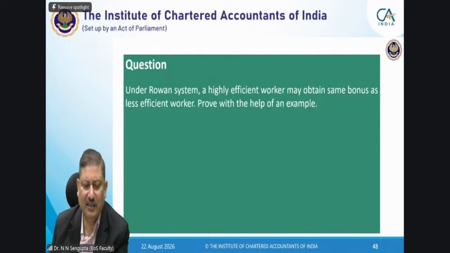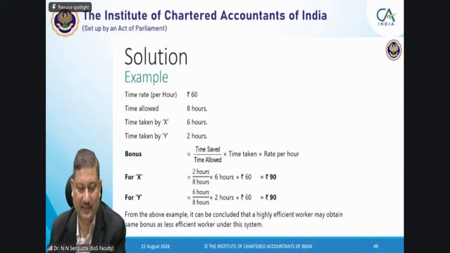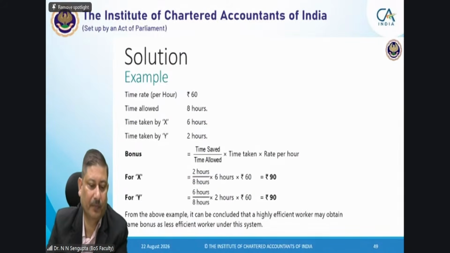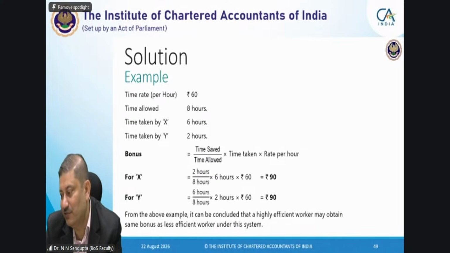Another question asked sometimes is that under the Rowan system, a highly efficient worker may obtain the same bonus as a less efficient worker. Prove with the help of an example. So the time rate, if we take as 60, time allowed 8 hours, time taken by X is 6 hours, time taken by Y is 2 hours.